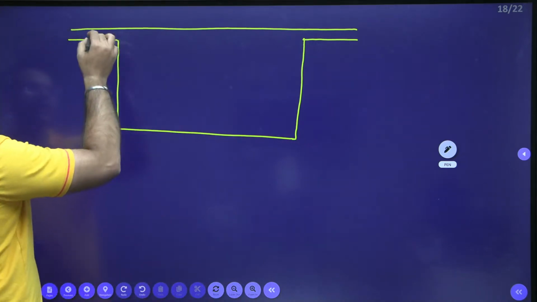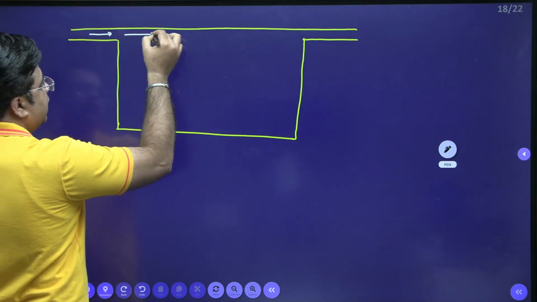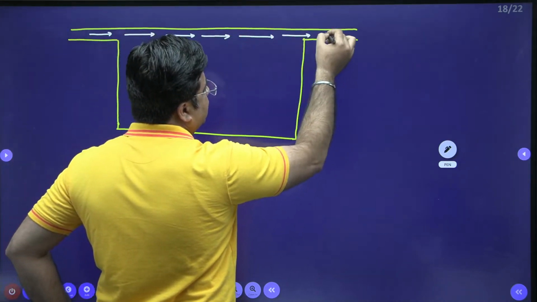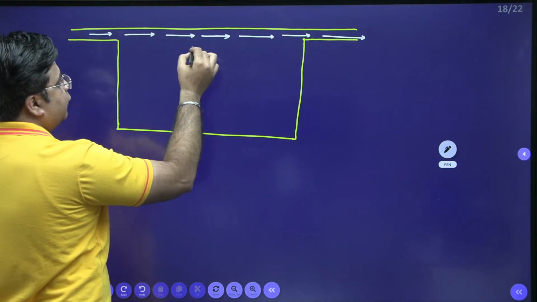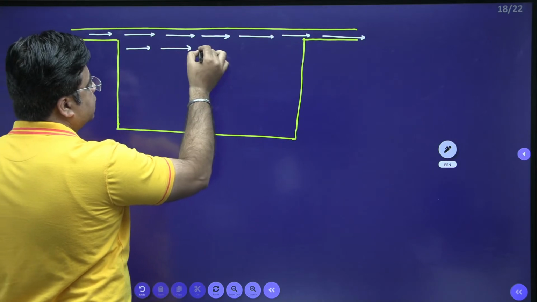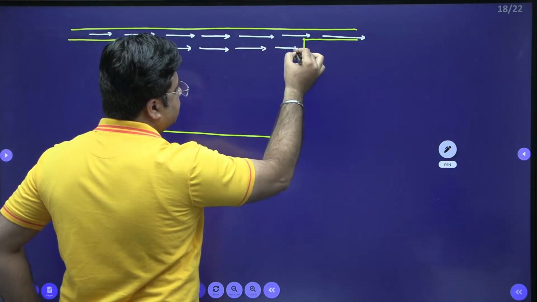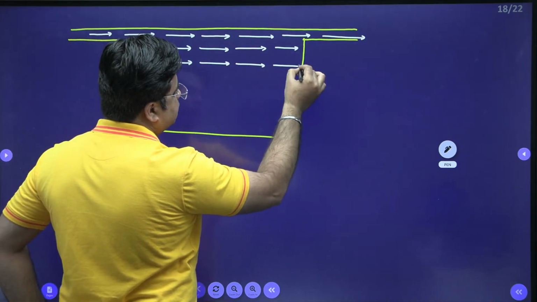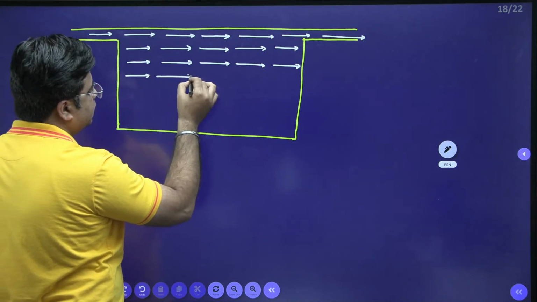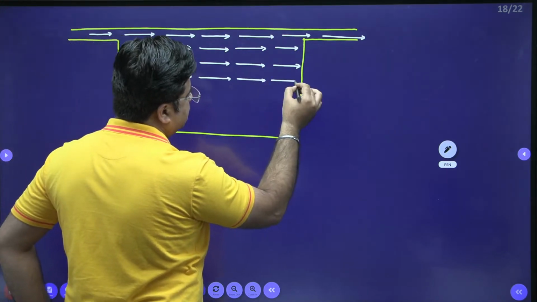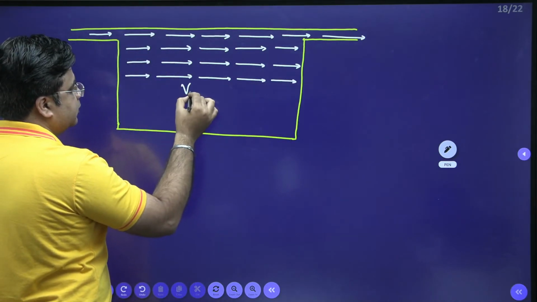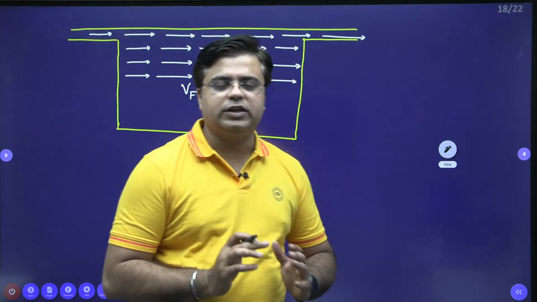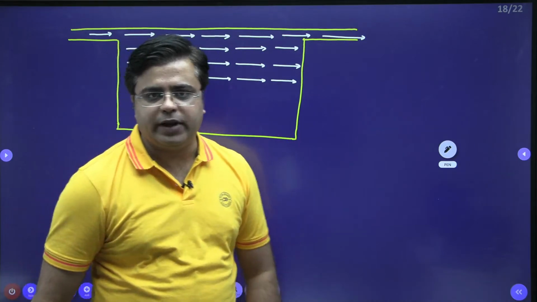So water is entering from this end and flowing in the horizontal direction like this. This is my velocity of flow, Vf. If the flow is maintained in the horizontal direction, it is known as a horizontal flow type tank.